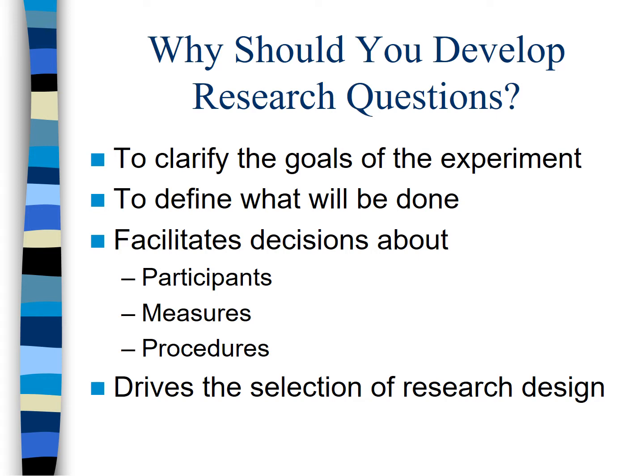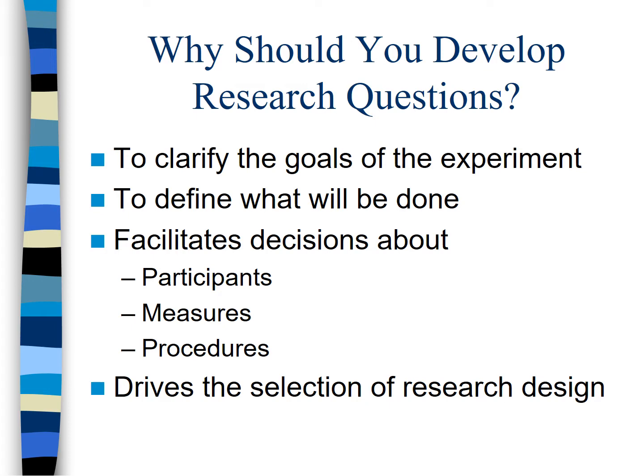Also, what things are you going to measure? In order to answer this research question, what data do we need? That helps us really focus on what we're going to measure. We have to be careful about what we measure in a study. If we try to measure too many things or too much, we can dilute our results.